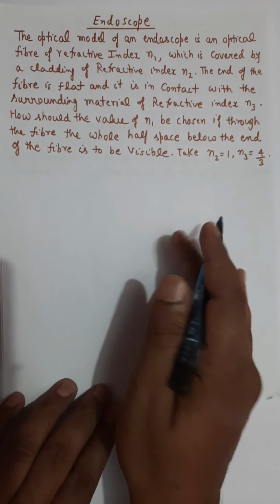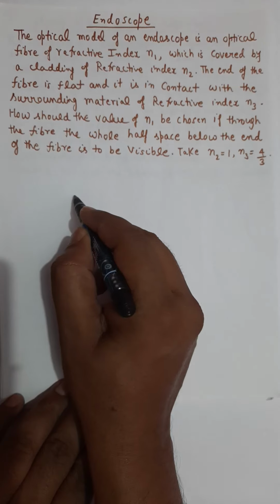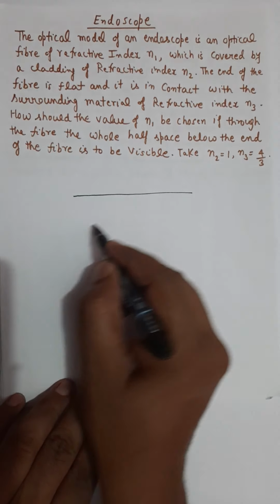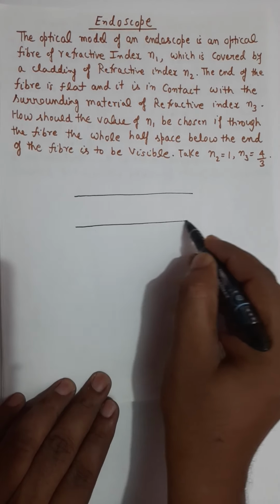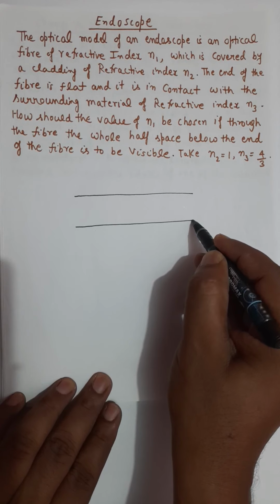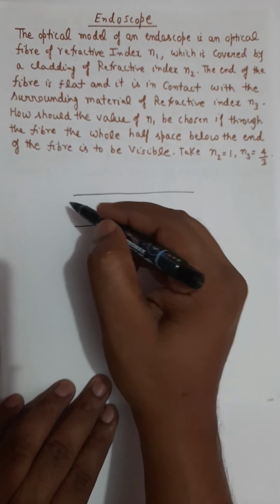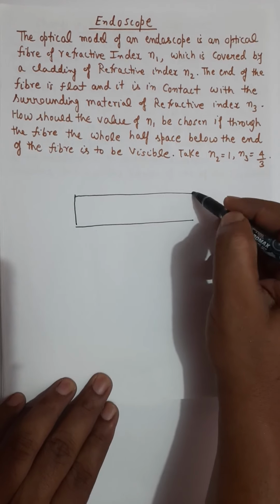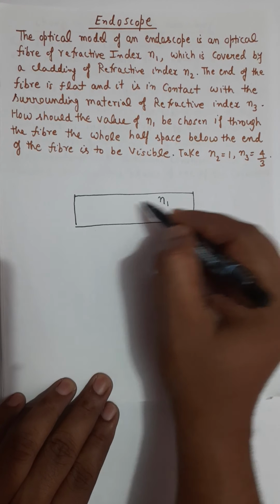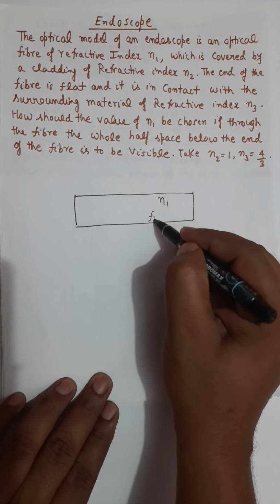Right. So the question is like, you have an optical fiber like this. That optical fiber has a refractive index of n1.